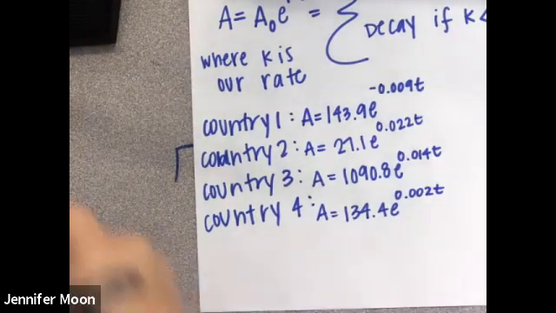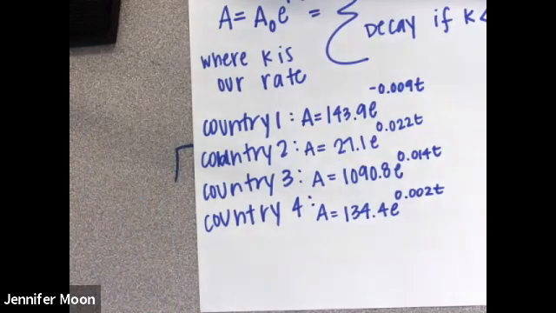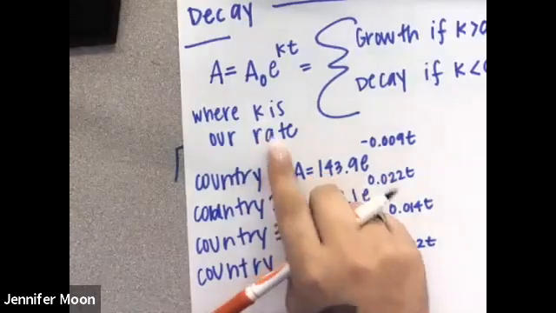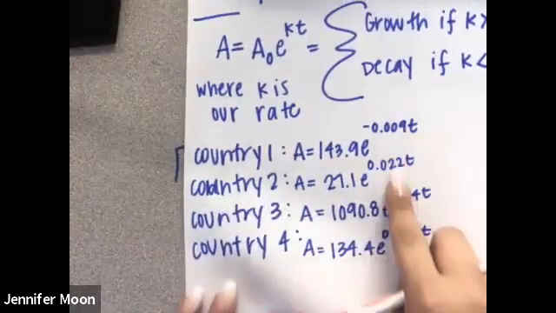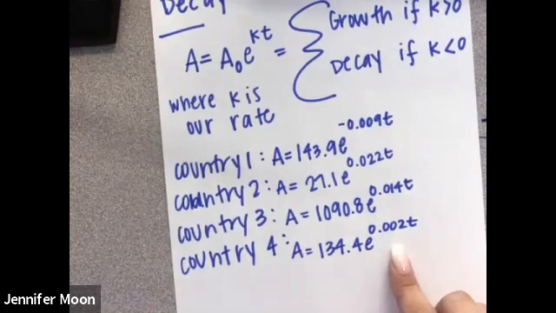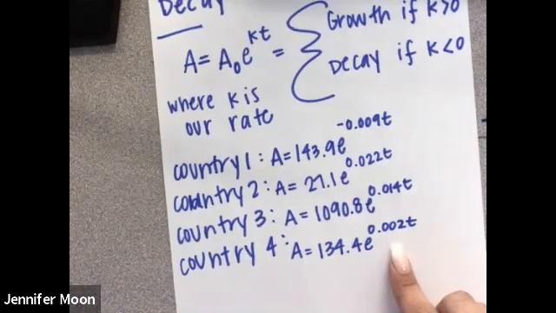I'm actually going to use my red. What I'm going to do, knowing that it wants to know who has the greatest growth rate, I know that k is my rate, right? So when I look at all of my k's, what I'm going to do is turn them into percents and then just evaluate it right there. Whichever one has the largest percent is going to be the one with the largest growth rate.